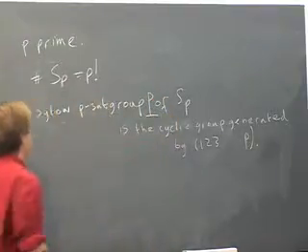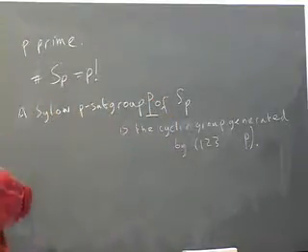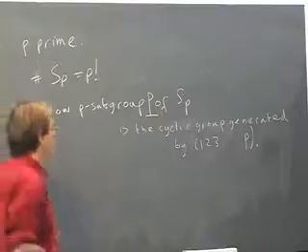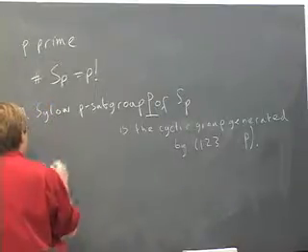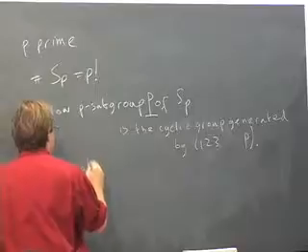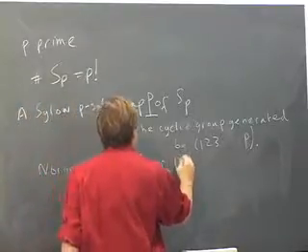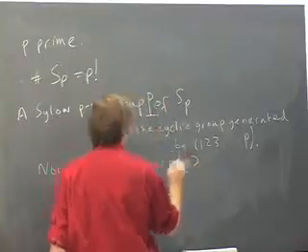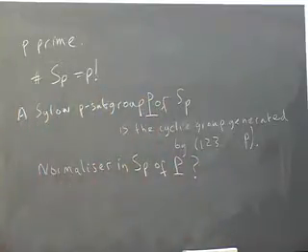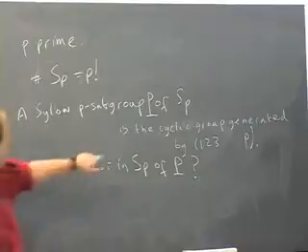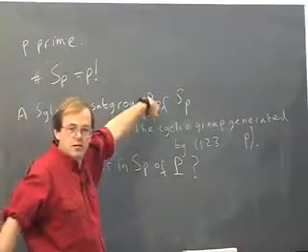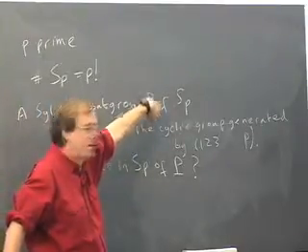Let me write P. A Sylow P-subgroup P of S_P is the cyclic group generated by this. The normalizer in S_P of this cyclic group P is the set of all elements which... do you know what normalizers are? Yeah.